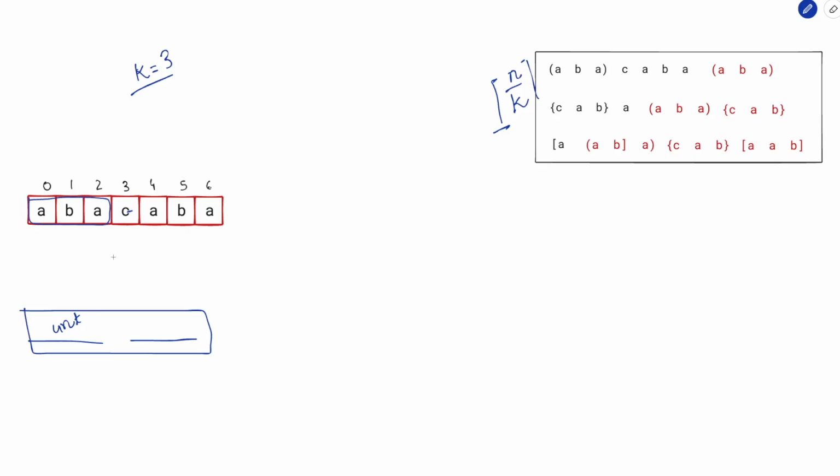Now what you are left with, these three characters are in this category now, and this CABA is in the front, right? So is CABA equal to the prefix? If they are, then you don't need to touch anything now, you are done, right? But in this case they are not. CABA is not equal to ABAC, hence you have to make another operation.